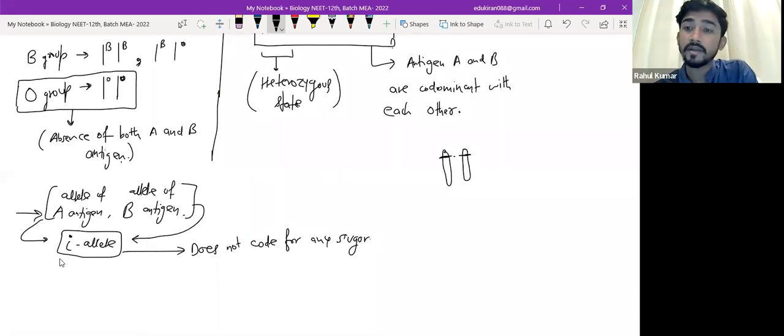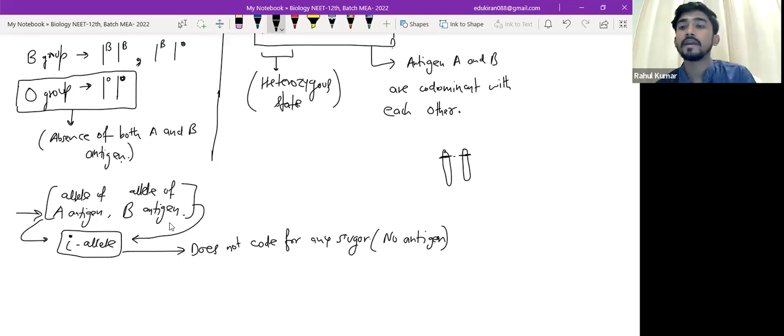So if one parent on the chromosome gives the small i allele, then it is an empty allele. Empty means it will not code for any sugar, so no antigen will be produced. So nothing will be at the surface of the RBC. It will be lacking both A and B from this parent.